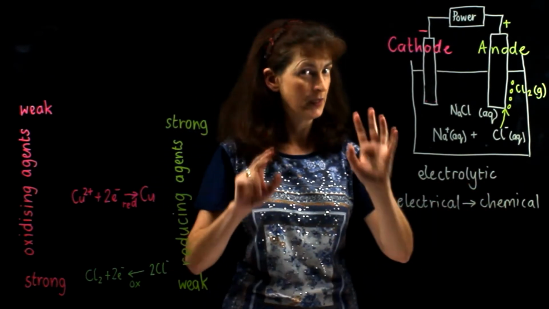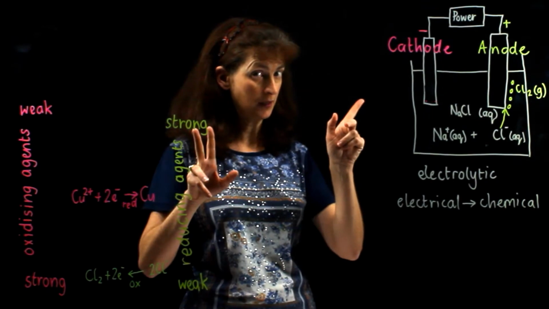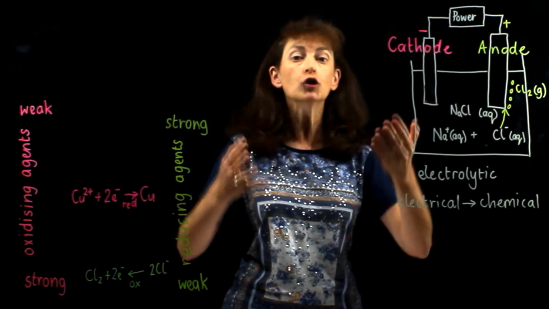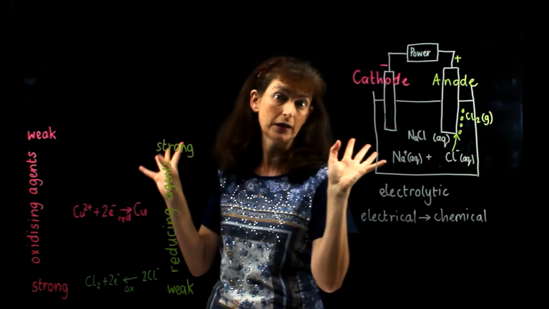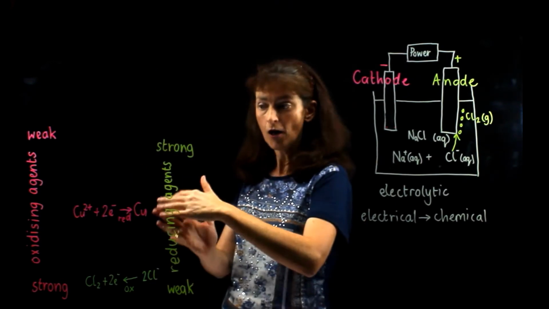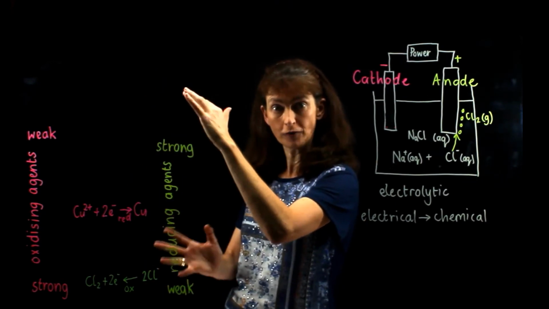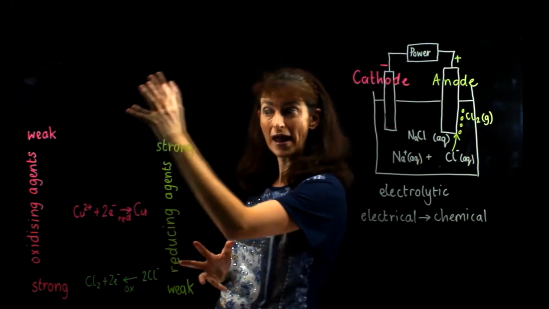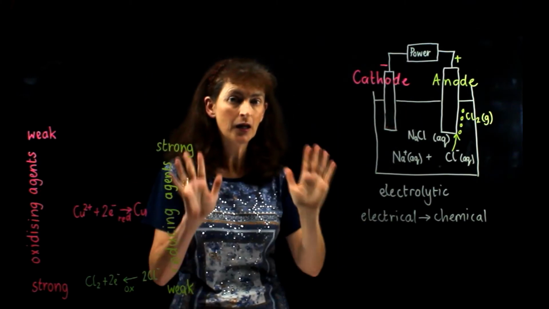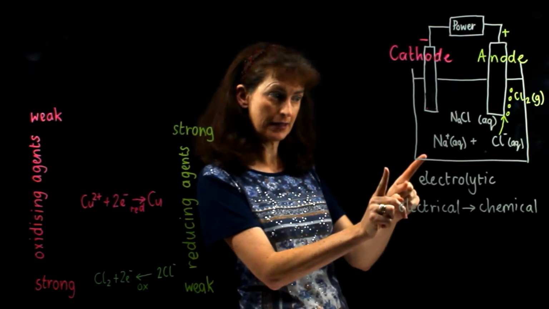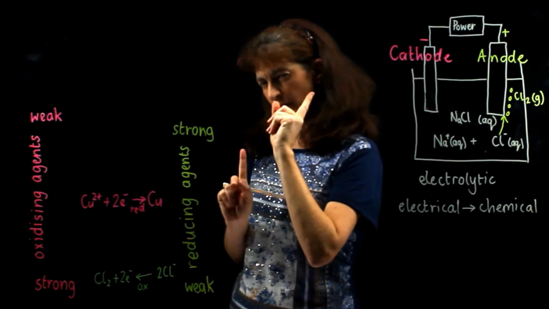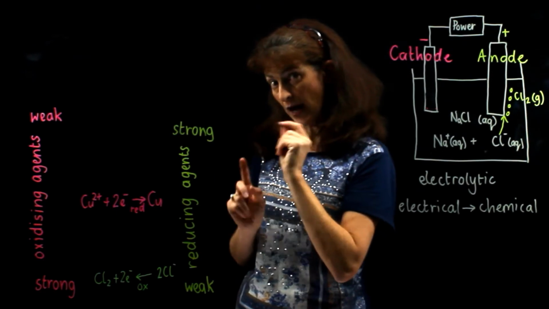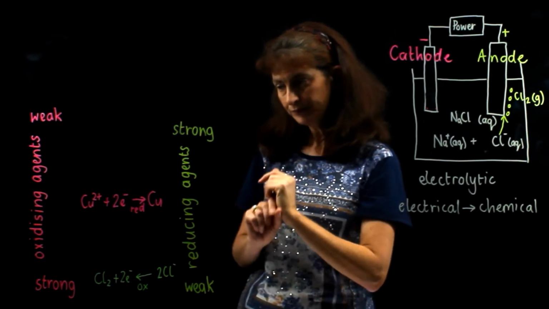Different for a galvanic cell, because remember there, you actually want them to be far apart, or rather they want to be far apart, because the further the two half reactions are from one another, the more energy is released. But we are speaking electrolytic now, so the further they are from one another, the less likely that reaction is going to happen.